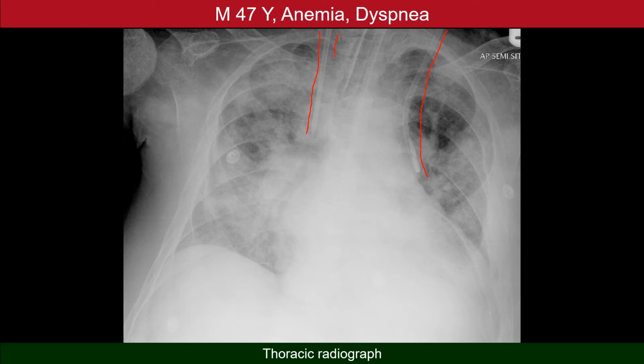This is the right superior vena cava going to the right atrium. The left superior vena cava usually goes to the coronary sinus and from there opens into the right atrium as well, with or without persistence of the left innominate vein.